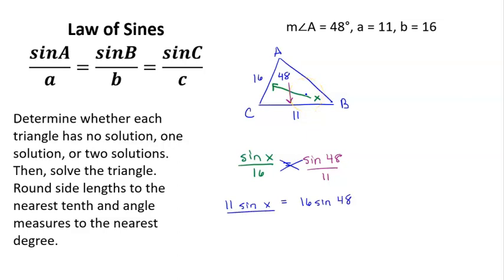Remember, we want to get rid of that 11 first. And so now I have the sine of x is equal to 16 times the sine of 48 over 11.